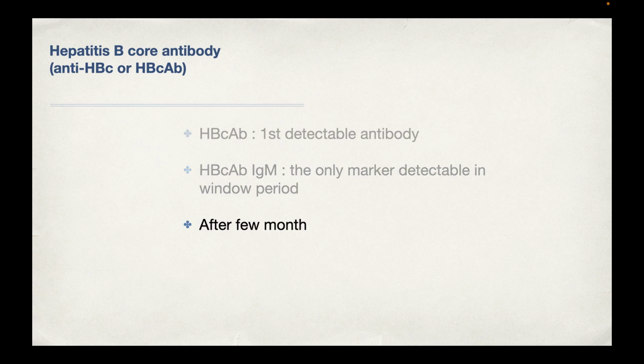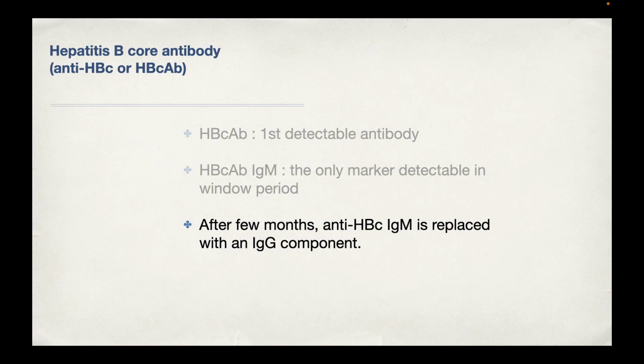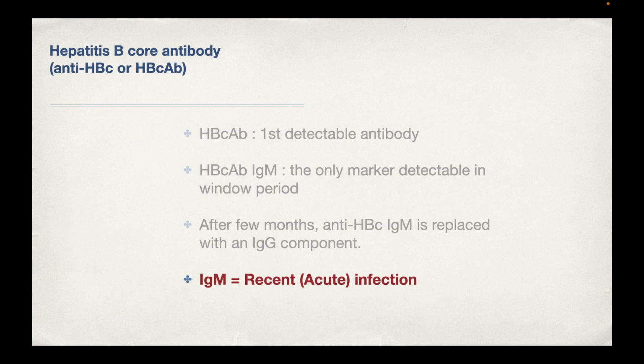And so, after a few months, the immunoglobulin M to hepatitis B core antibody is replaced by the IgG component of the immunoglobulin. And so anytime you have hepatitis B core antibody of immunoglobulin M, it indicates that you have a recent or an acute infection.